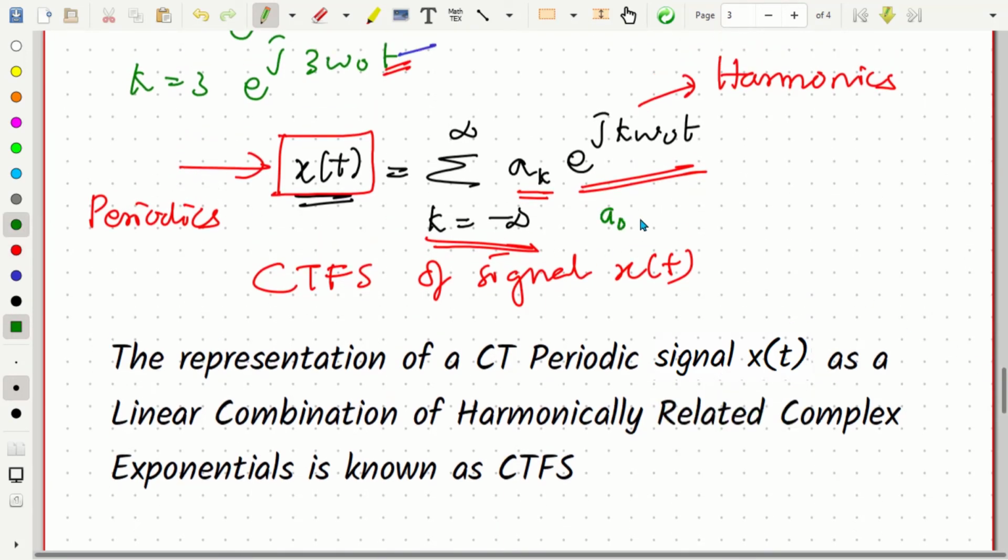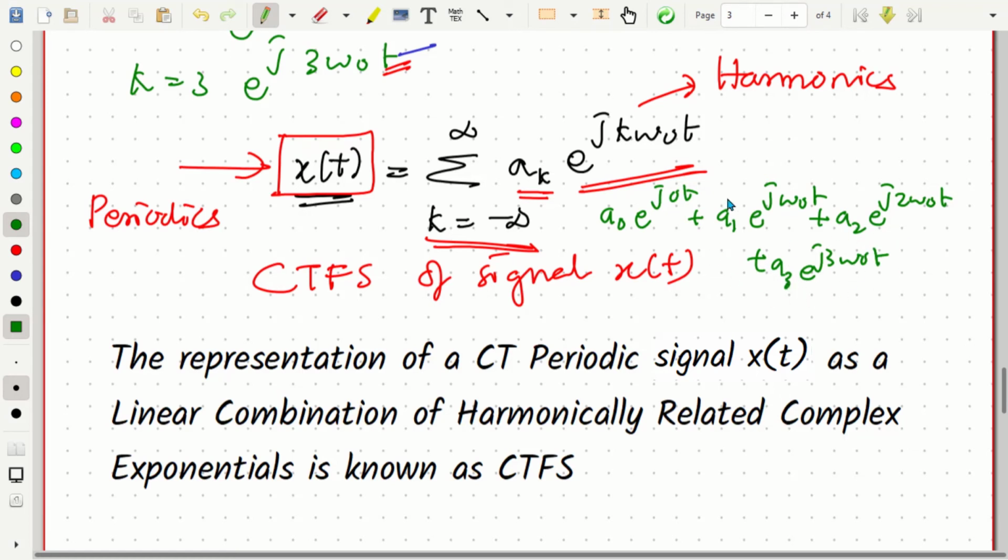This will be a0 into e power j0t plus a1 into e power j omega 0 t plus a2 into e power j2 omega 0 t plus a3 into e power j3 omega 0 t. These are all harmonically related complex exponentials.